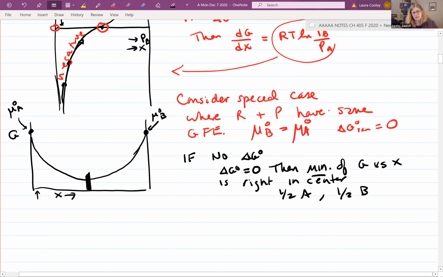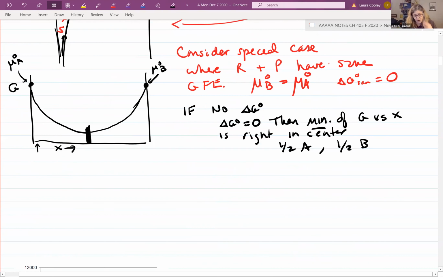So here's an interesting question. And honestly, I'm sorry that we don't have enough time to really delve into this further. But you might ask yourself a question, why is there a minimum at all?